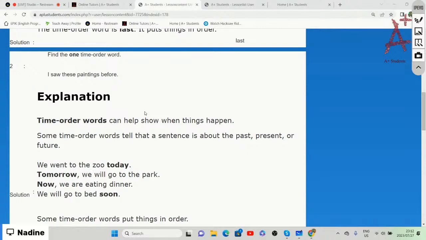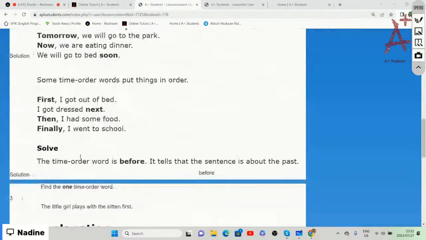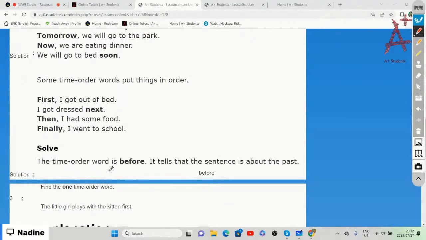If we select a time order word within that sentence, then we can maybe say it is before. So when did you see the paintings? We saw it before. So the time order word is before, and it tells us that the sentence is about the past because I saw it before.